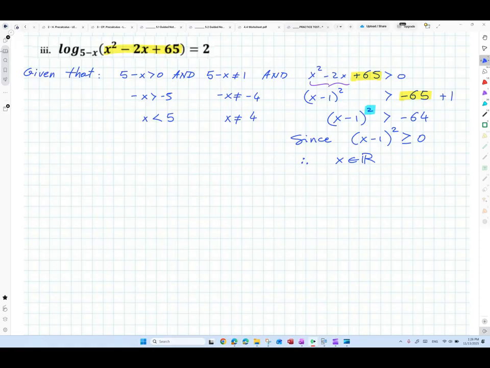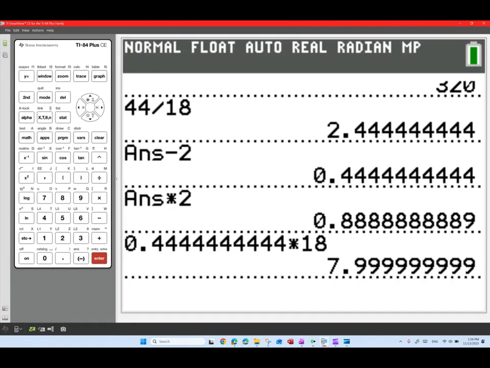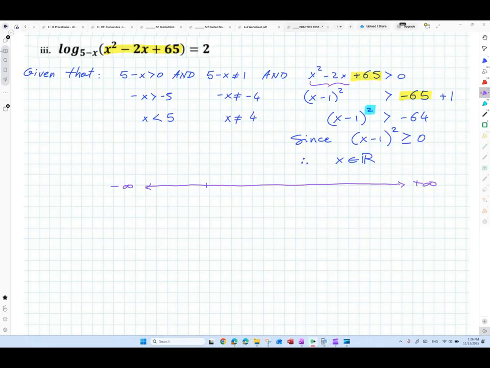So if I report all of that information on a number line, I've got 4, 5. So x has to be less than 5. It cannot be equal to 4.